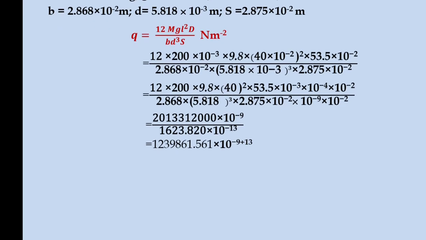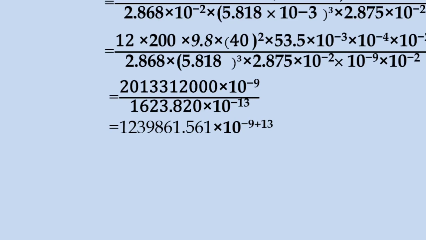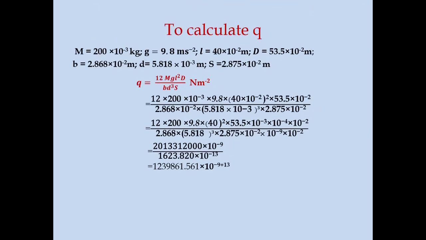In the next step, you divide the numerator and the denominator. We get 1239861.561, and the power in the denominator is taken to the numerator. So we get 10 power 9 plus 3 which will give 10 power 6.